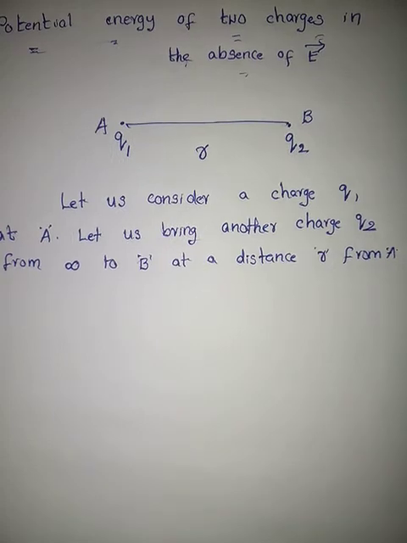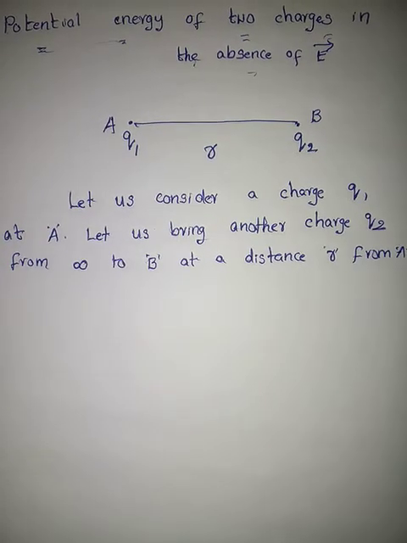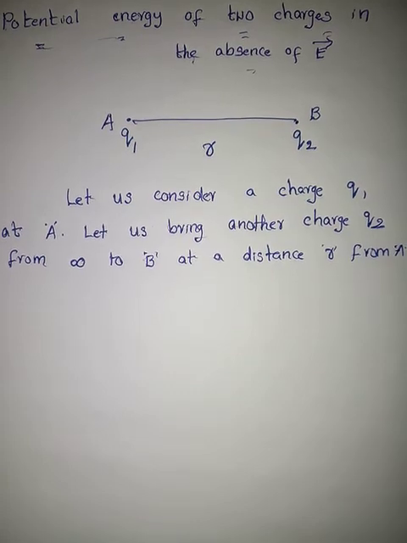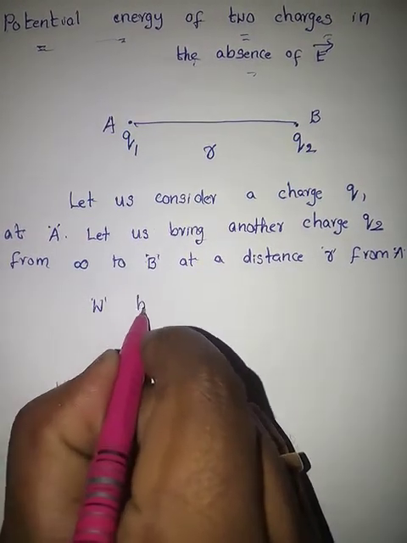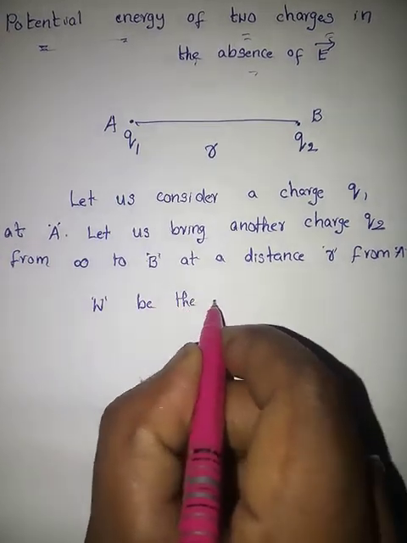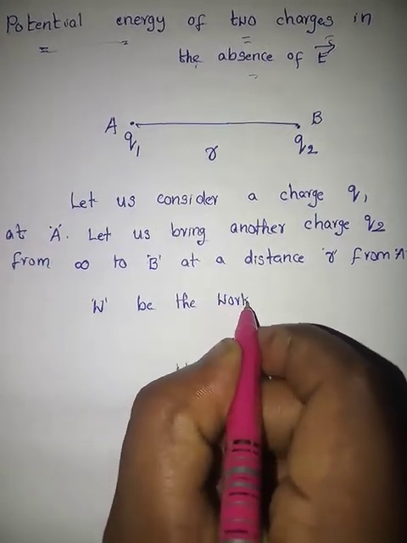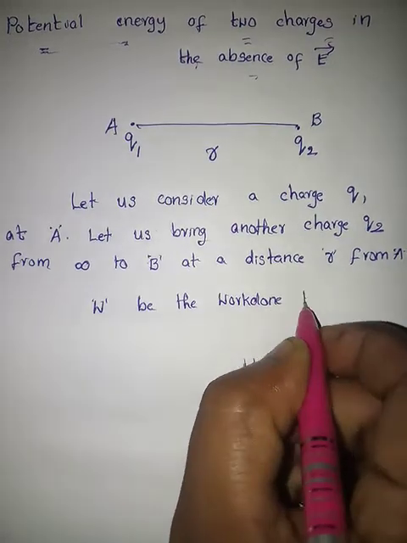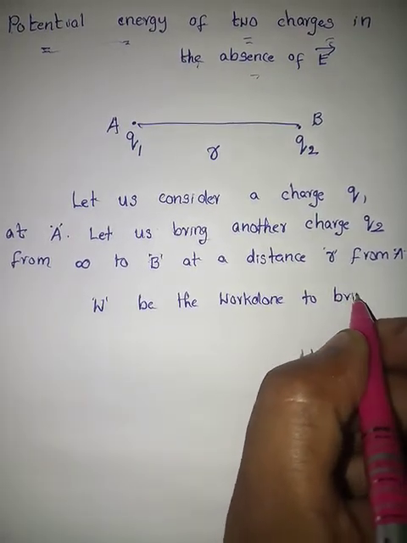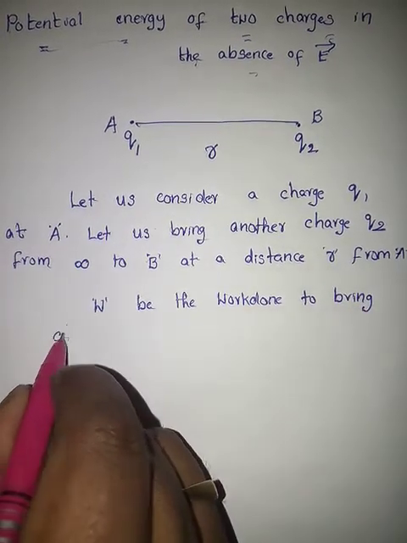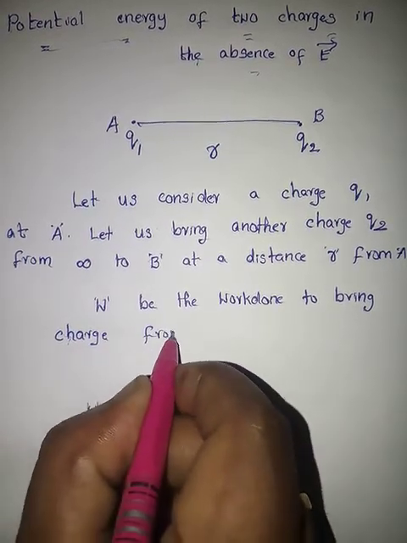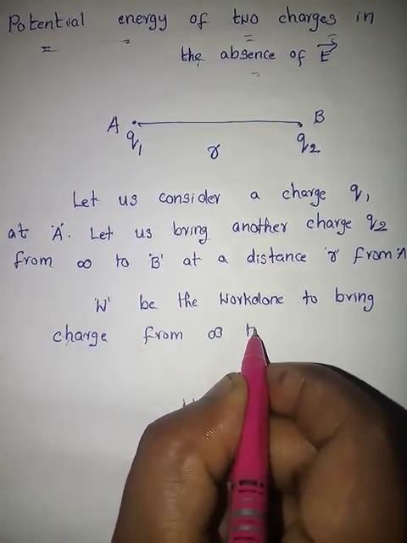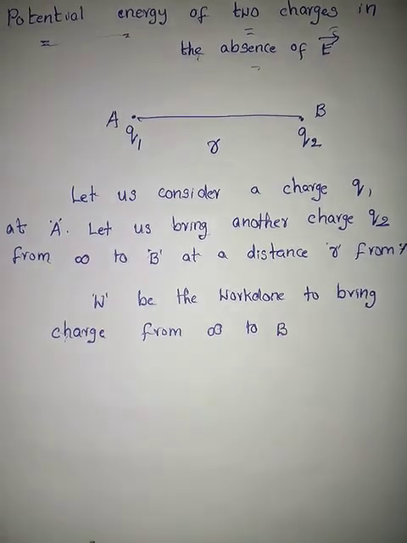So to bring the charge from infinity to r, we should do work against charge Q1, right? So what is the work done? Let W be the work done to bring the charge from infinity to B. What is the formula we can write?